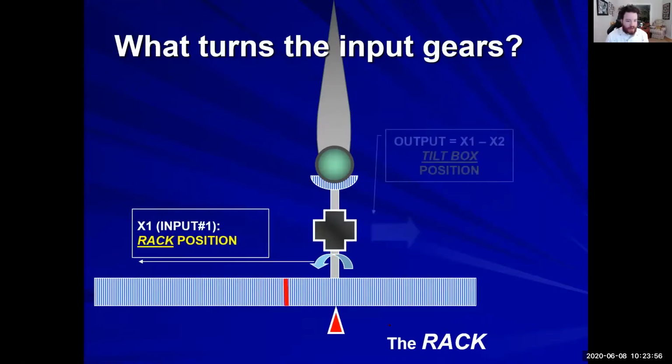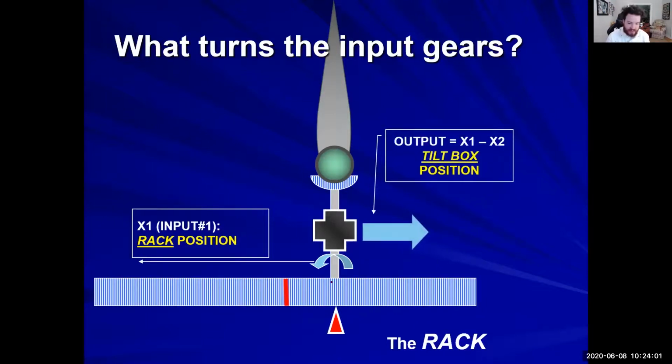As the rack position changes, you're going to have a little gear sitting on this rack. This rack is going to have a gear turned out on its one side.